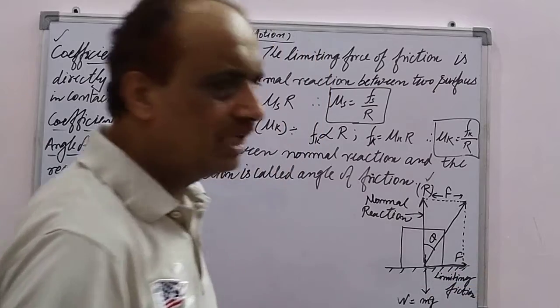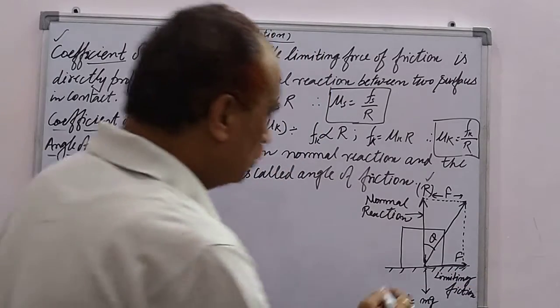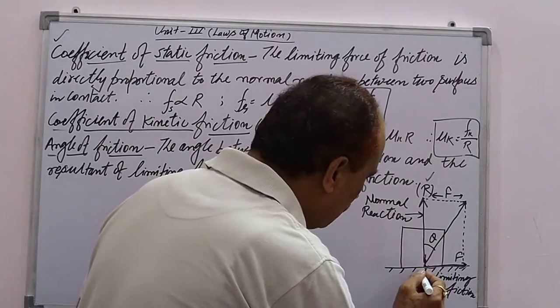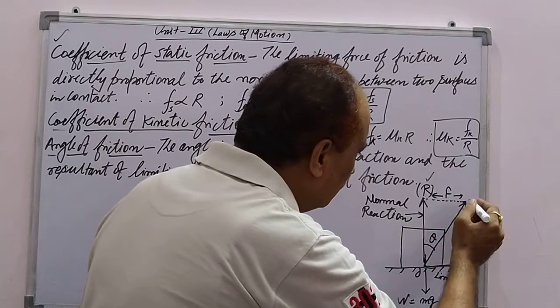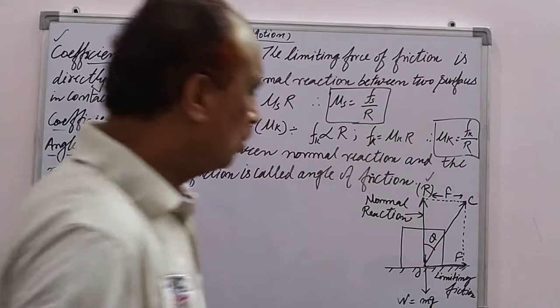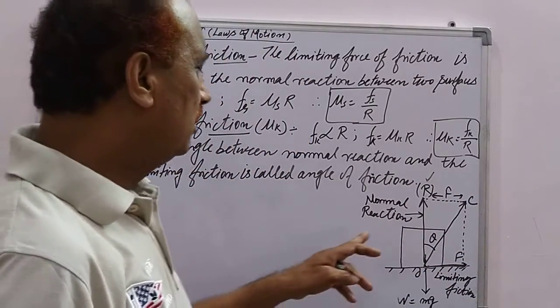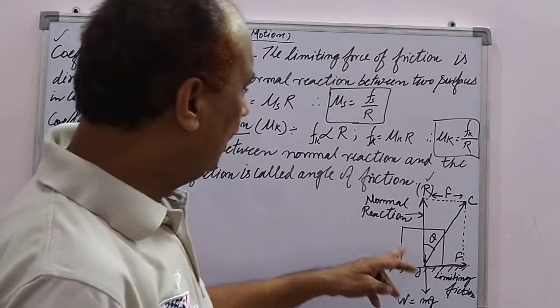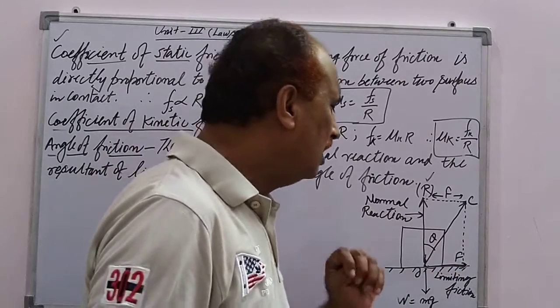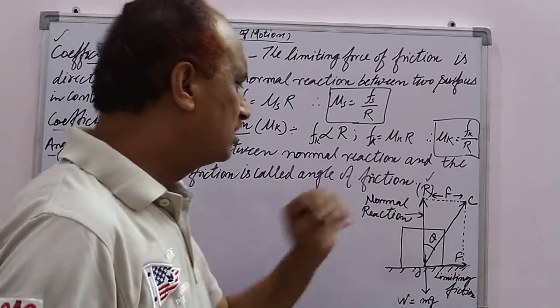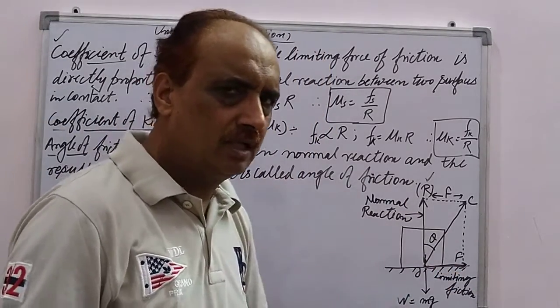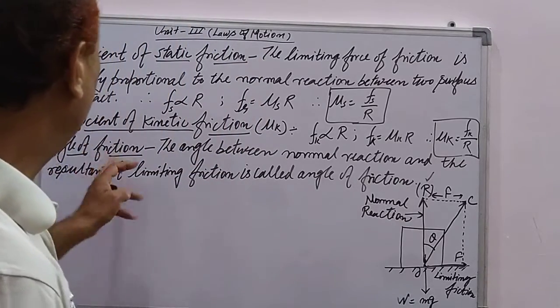When we complete that parallelogram, OC is the diagonal of this parallelogram, and it gives the resultant of the normal reaction and the limiting friction. Now from this figure we can discuss the definition of the angle of friction.